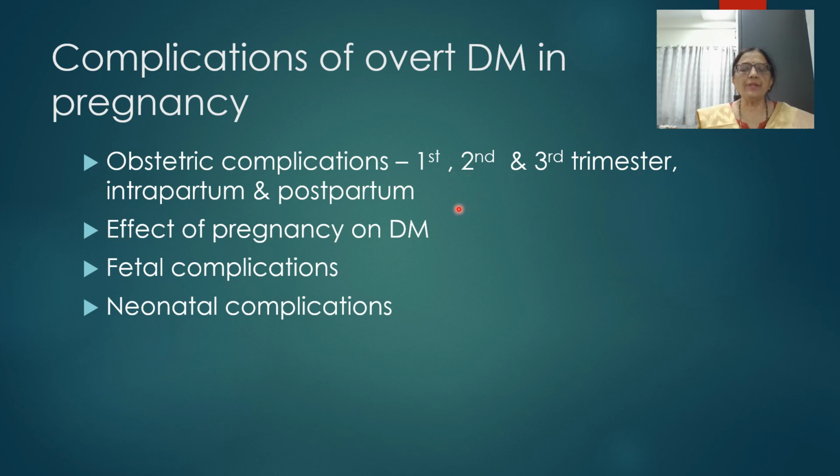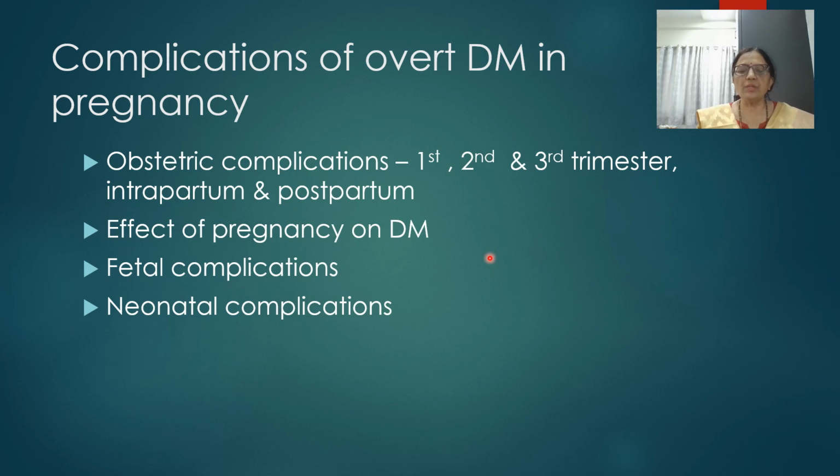These are the obstetric complications, or in other words, the effect of diabetes on pregnancy. Then second is the effect of pregnancy on diabetes as a disease itself. Third, fetal complications, and fourth, neonatal complications. If we divide this way, we don't miss out on any of the complications.